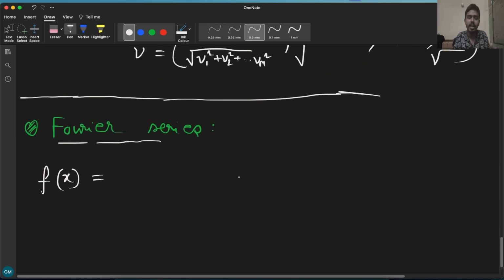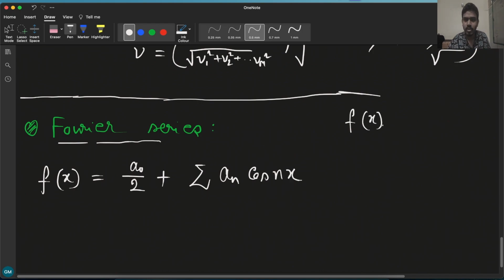So any function f(x) that satisfies some conditions can be written as a0 by 2 plus the sum over an cos(nx). And if f(x) is periodic with a period of 2 pi, that is f(x plus 2 pi) equals f(x).